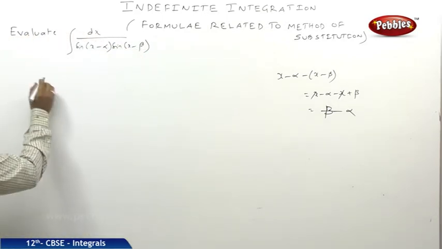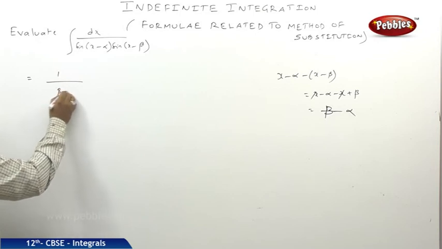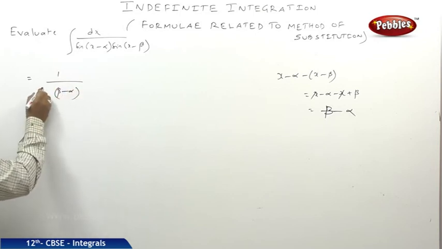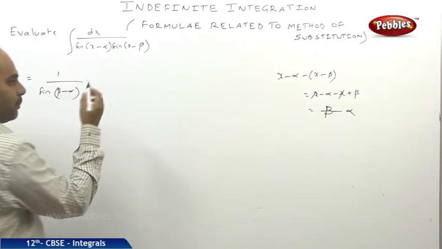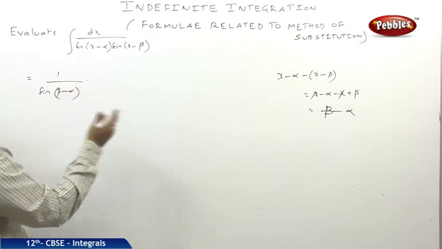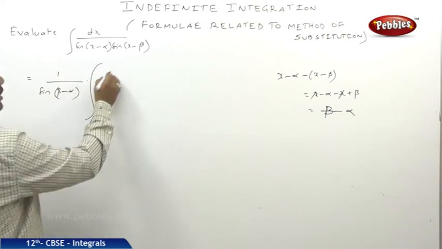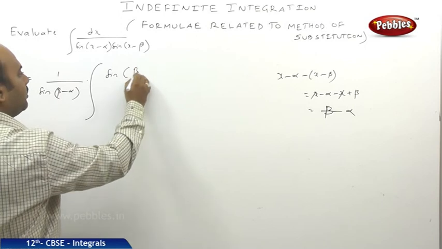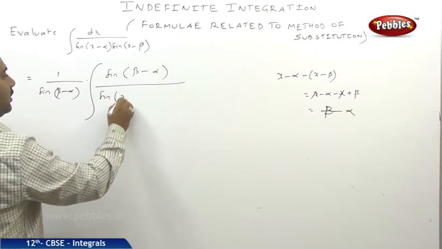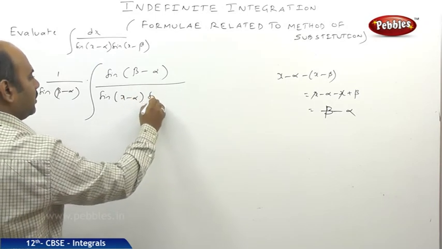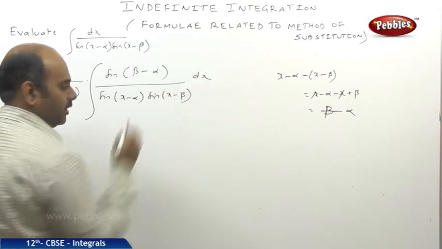So what I suggest is 1 upon sine of beta minus alpha, and here we multiply and divide by sine of beta minus alpha, into integral of sine of beta minus alpha whole divided by sine of x minus alpha into sine of x minus beta, and here dx.